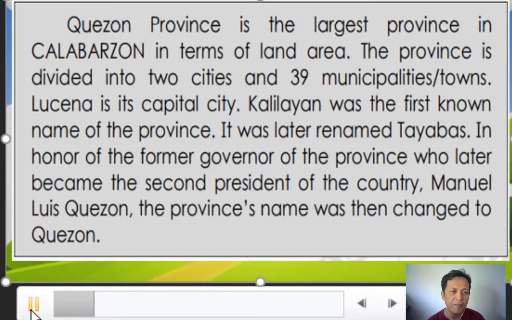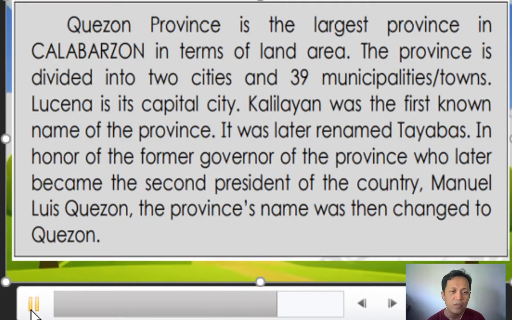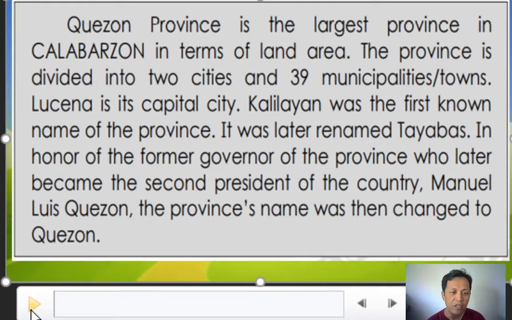Again, for the second time, Quezon Province is the largest province in Calabarzon in terms of land area. The province is divided into 2 cities and 39 municipalities or towns. Lucena is its capital city. Kalilayan was the first known name of the province.